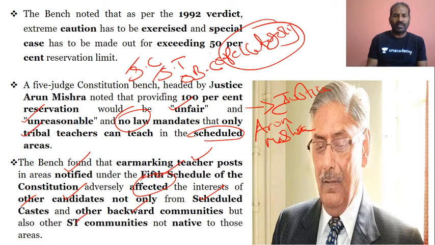So look at the way the Supreme Court has looked into various aspects when they were saying 100% reservation is unfair, unreasonable, impermissible, and there is no law wherein it is mentioned that only tribal teachers can teach in scheduled areas.